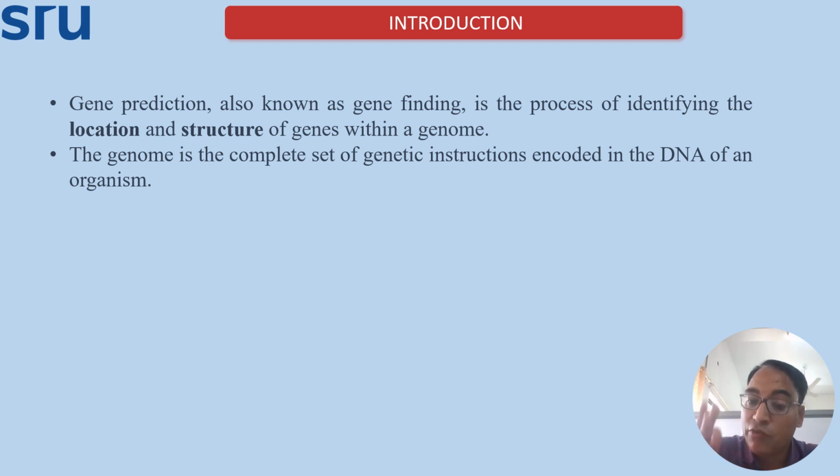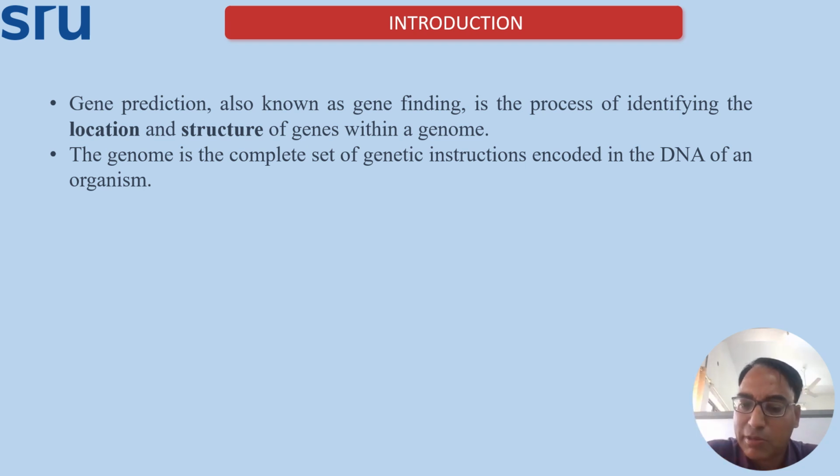Annotation means if you have the sequence, you can predict where the sequence is, where the location is. You can get some idea. But if you don't have the sequence, nothing is there, then how do you do it? Or if I just give you a sequence of DNA, I ask you to tell me the position of this gene in this DNA. How do you do it? That is gene prediction.